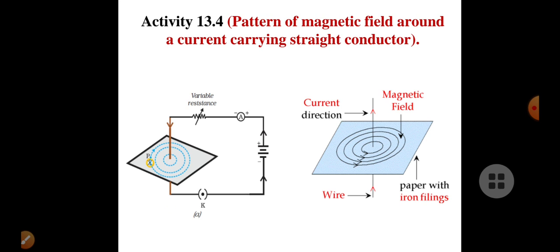Now, how can we know that a magnetic field is produced around it? For that, we have made an arrangement: we have taken a cardboard, or we can take any plastic sheet or some hard material, and we pass this wire through that cardboard. Now, we sprinkle some iron filings around this wire. When the key was not closed, when the circuit was not completed, and current was not passing through this wire, the iron filings were randomly present around it.